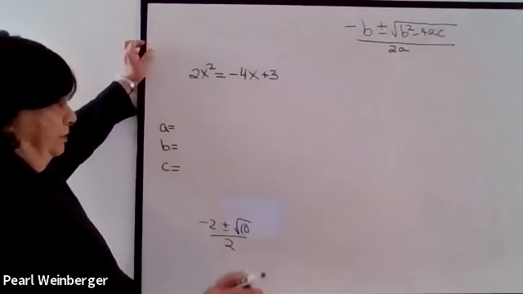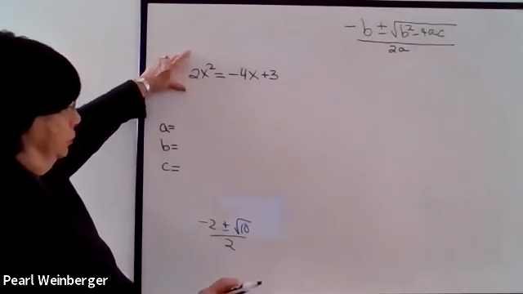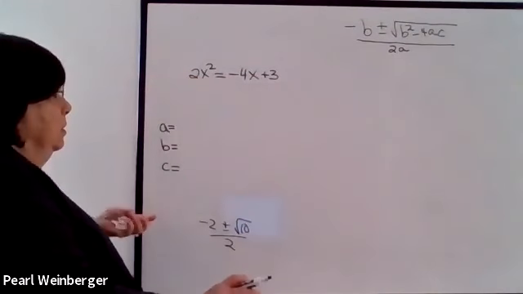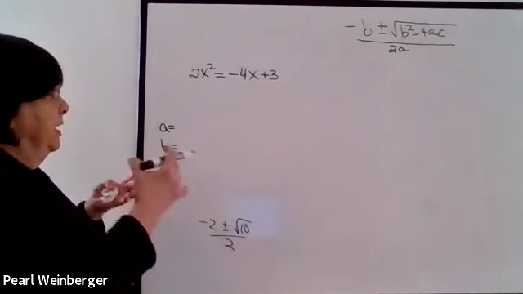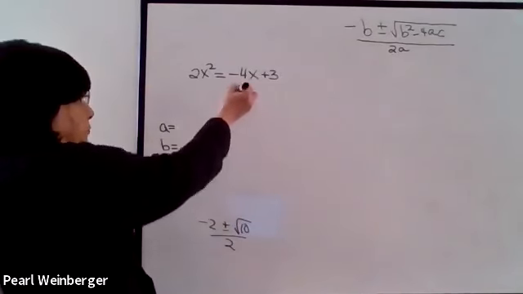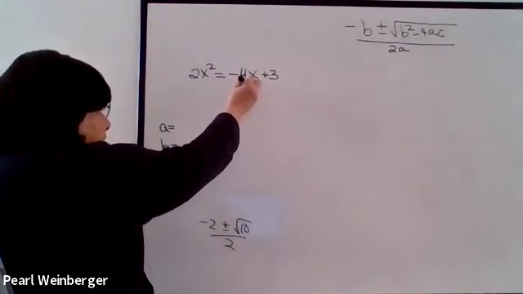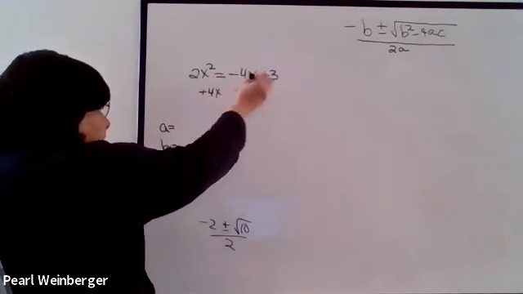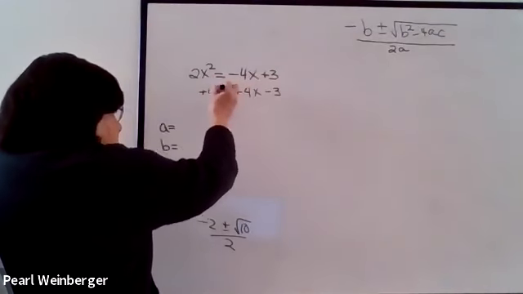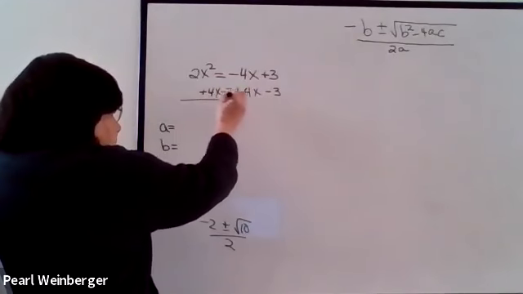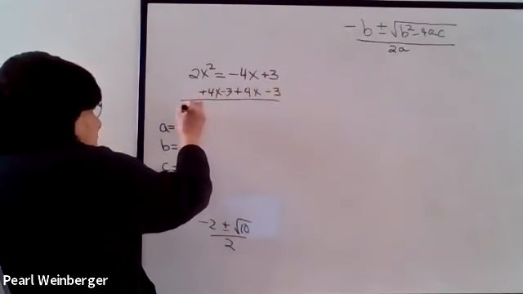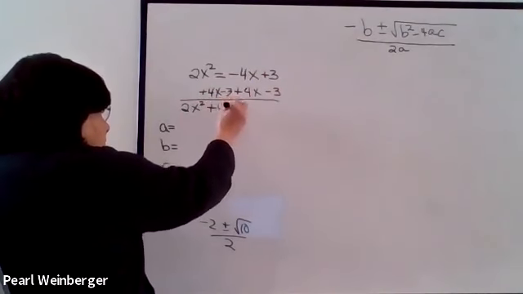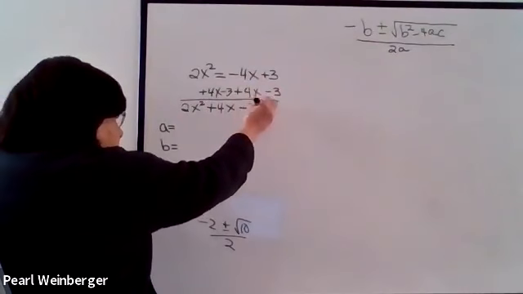Okay, so let's remember, it's a quadratic equation. We see it's a quadratic equation because it has an x squared. We want to use the formula. It has to be equal to 0. So the first thing I have to do is bring everything to the left side. So I'm going to add 4x to both sides, and I'm going to subtract 3 from both sides, so that my equation comes out to be 2x squared plus 4x minus 3 equals 0.